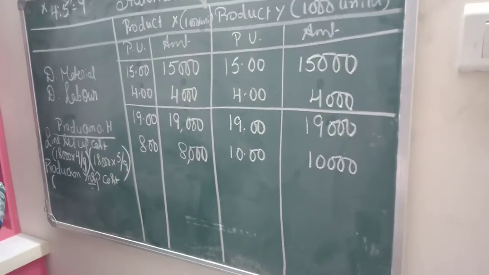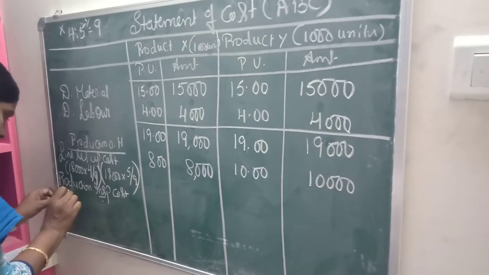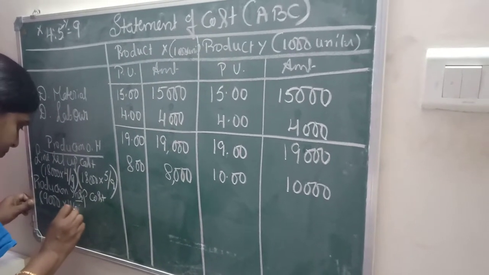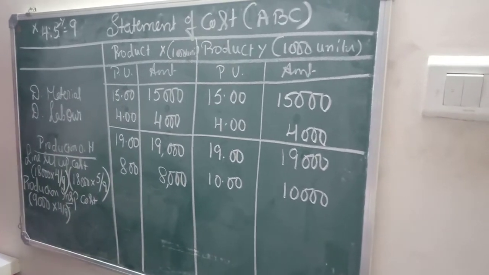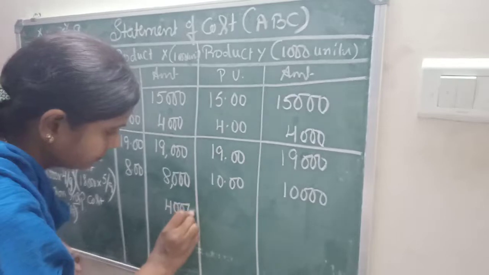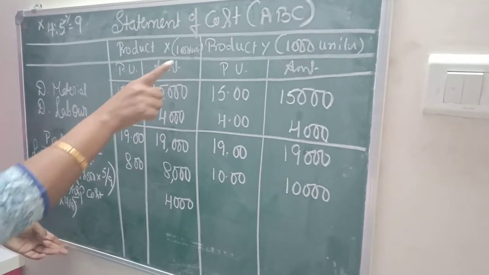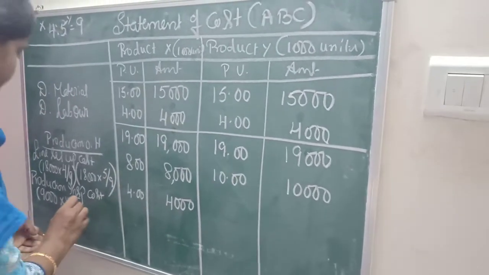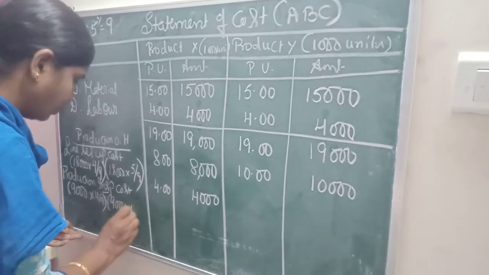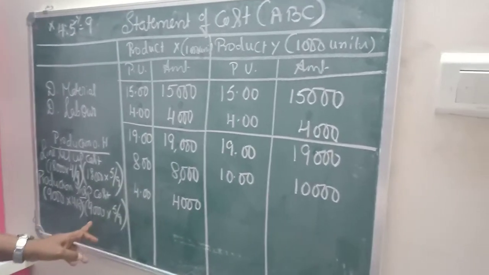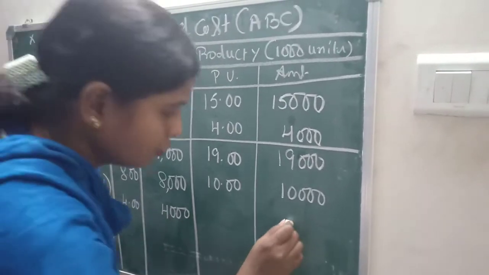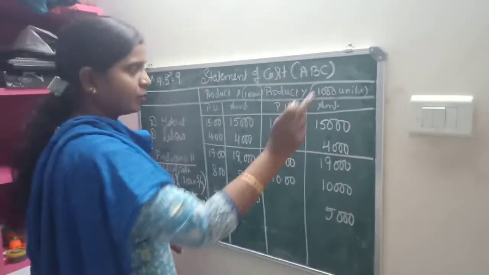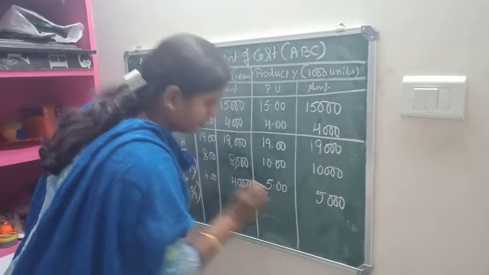Production inspection cost amounted to rupees 9,000, as provided in the problem. 9,000 into 4 divided by 9 means 4,000 rupees for product X. 4,000 divided by 1,000 units, therefore 4 rupees per unit. 9,000 into 5 divided by 9 comes to 5,000 rupees for product Y. 5,000 rupees divided by 1,000 units, per unit is 5 rupees.